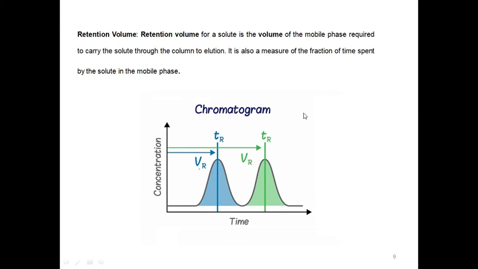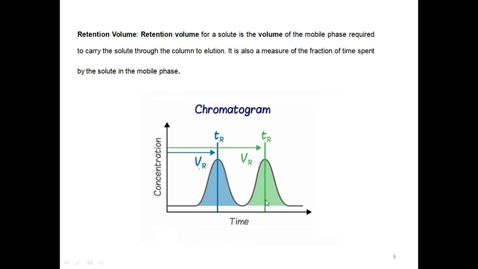Now we can see from this chromatogram, we have to see that at a particular time a particular component is moving. Now what is the amount or what is the concentration of the mobile phase has to be used. The green color component and the blue color component have been completely separated.